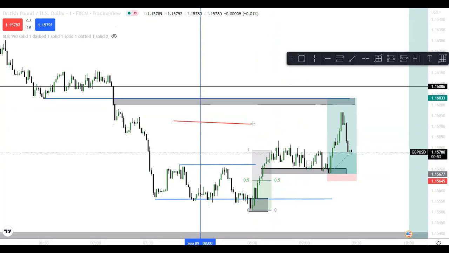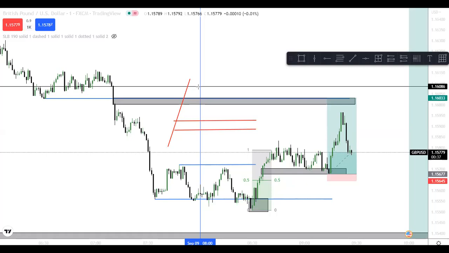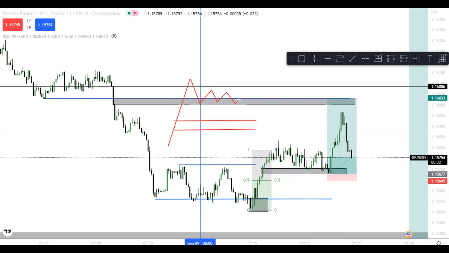So if we have an imbalance right here, which is roughly close to 50% of the range, which makes it fair value for buying, and we got displacement through, and I'm anticipating an order block to form inside here, automatically I expect lows to form above there, based on my definition of order blocks, because now I'm expecting sell side liquidity to pool, order block to form, displacement.